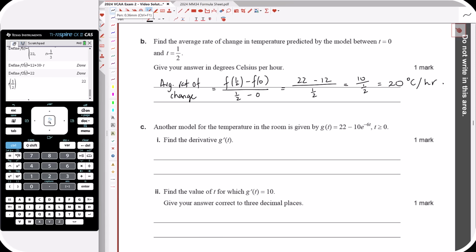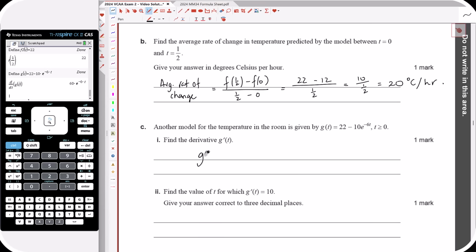Okay, so another model for the temperature in the room is given by G of t. Let's define this. So G of t is equal to 22 minus 10 e, make sure you use the proper e, to the negative 6t. Find the derivative, so shift minus with respect to t, G of t.